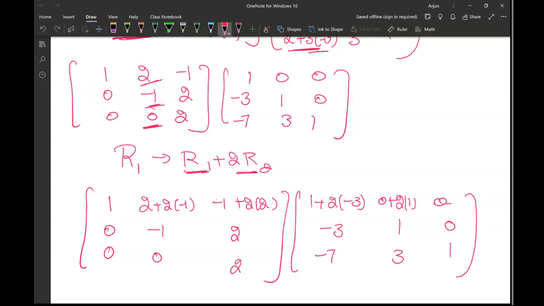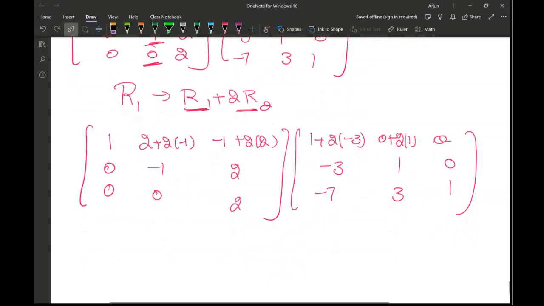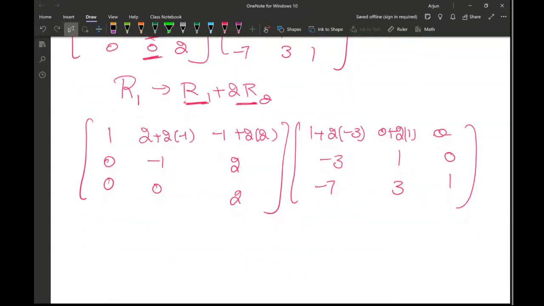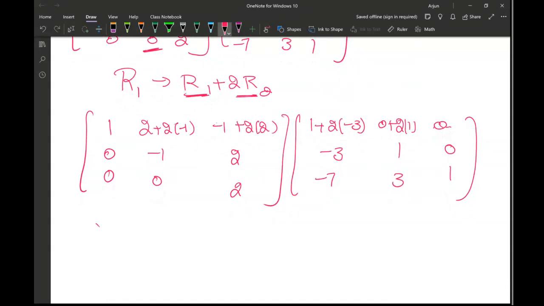I recommend you guys pause the video and do this calculation on your own and see whether you're getting these values or not.